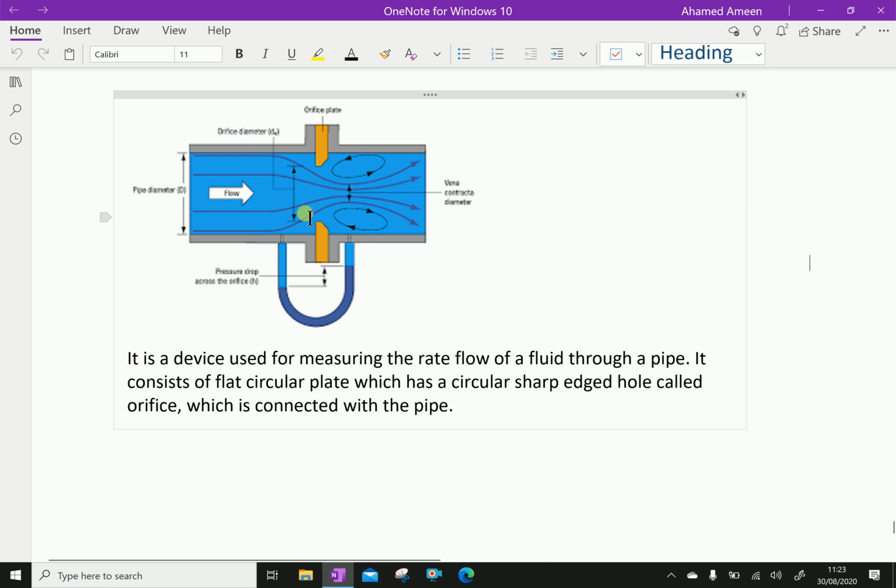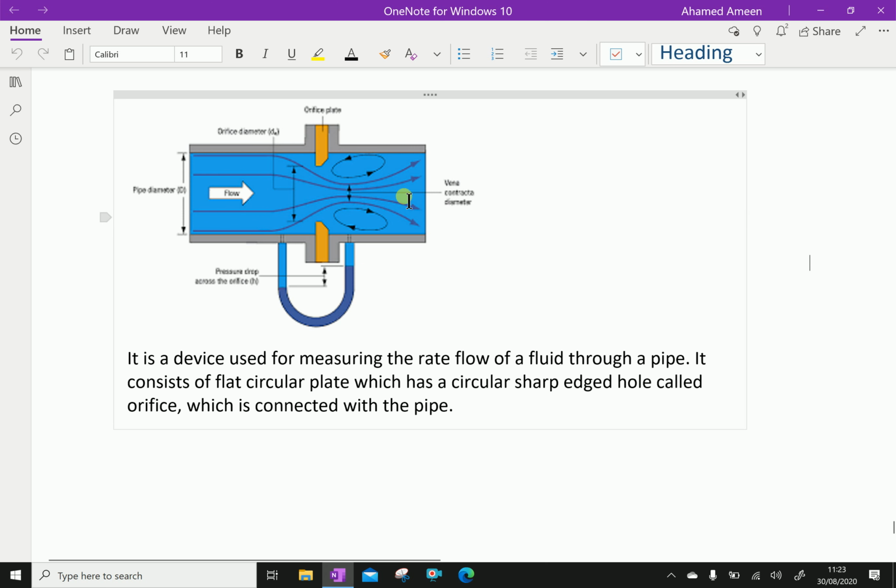Here this is the orifice diameter, that is, the diameter of the orifice plate hole is called the orifice diameter, and this diameter is called the vena contracta diameter. That means after flowing through the orifice, a contraction is created in the flow.